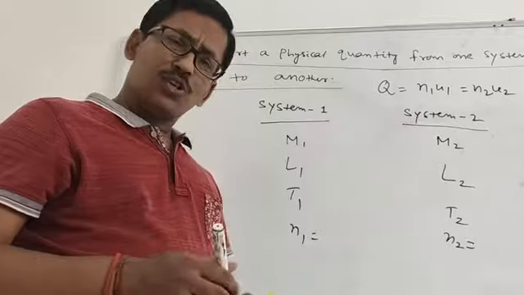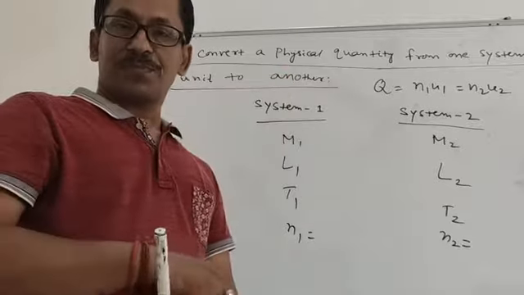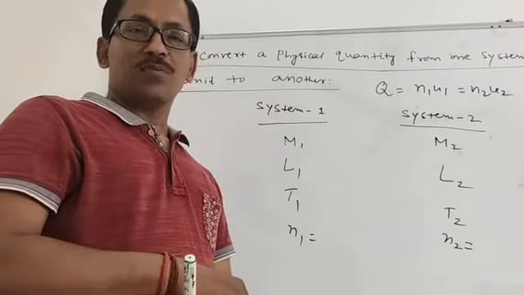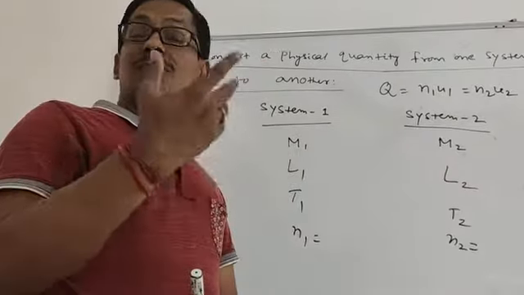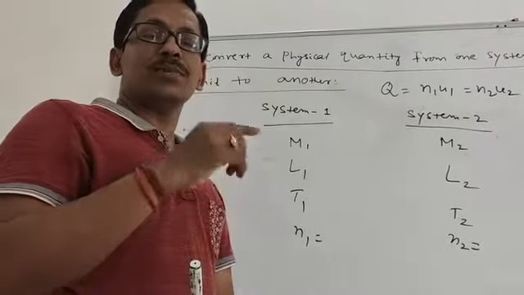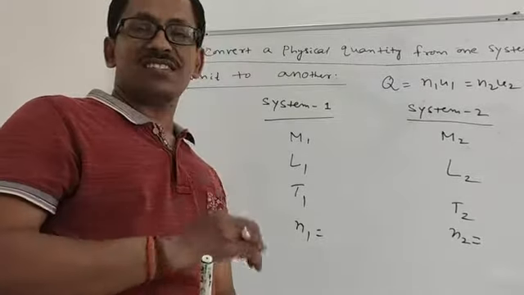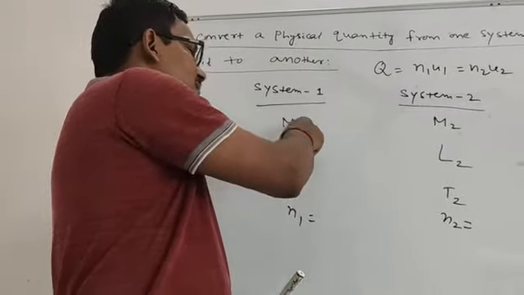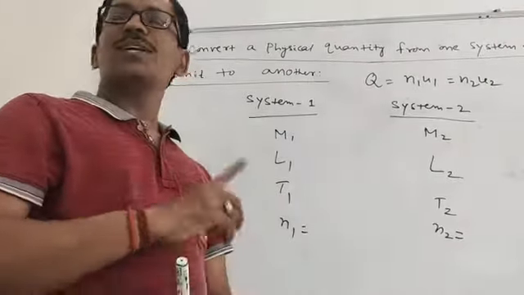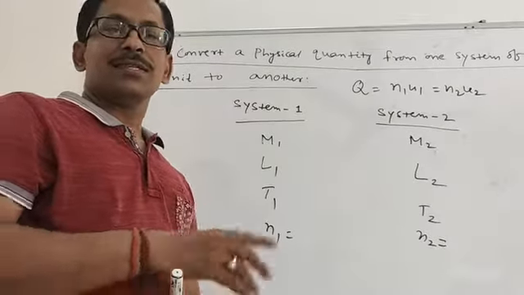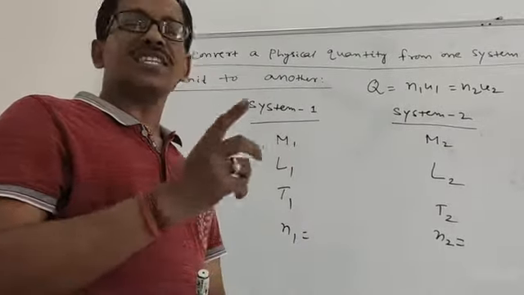The numerical values may be different, but the dimensional formula will remain the same, for example the dimensional formula for force, whether it is the SI, CGS, FPS or any other system. As the sizes of the fundamental units are different, the numerical value will be different, but the magnitude remains the same in both systems and the dimensional formula remains the same.